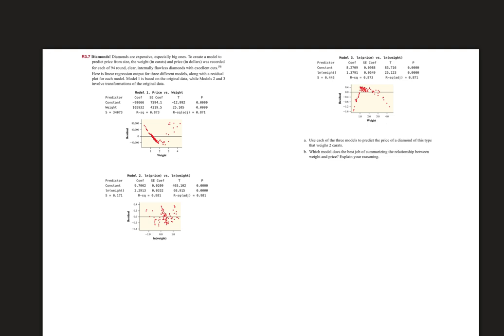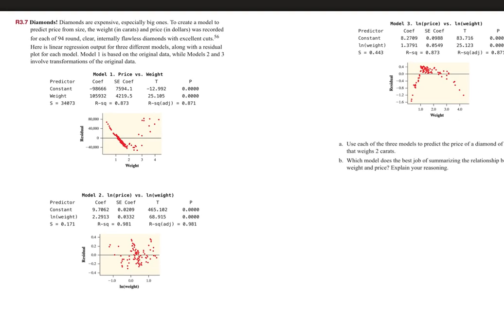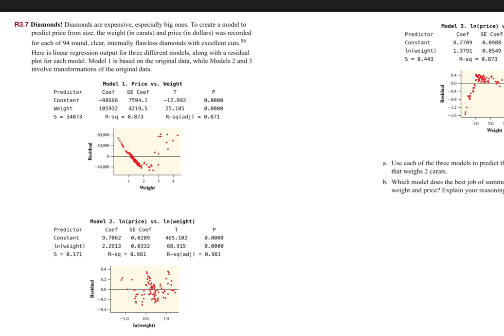You can look at the way these are described here. So model 1 is price versus weight, so that's really Y versus X. Price is Y. So this is Y versus X.